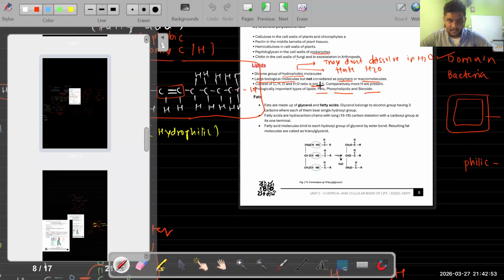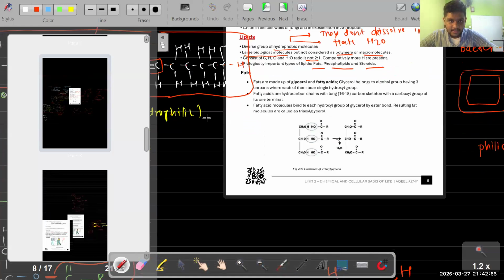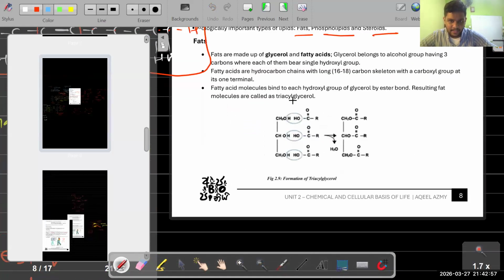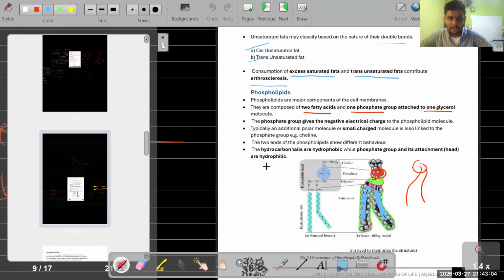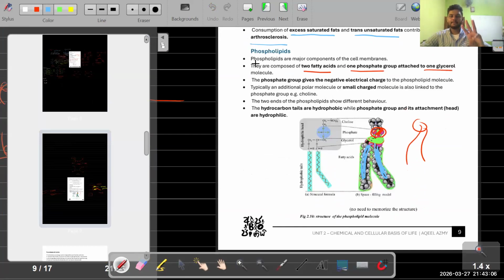We learned that there are biologically important types of lipids. One is fat, one is phospholipid. Now we have completed fats. Lipids can be divided into three: fats, phospholipids, and steroids. Now we have come to phospholipid. This is the shape of phospholipid. Can you understand?